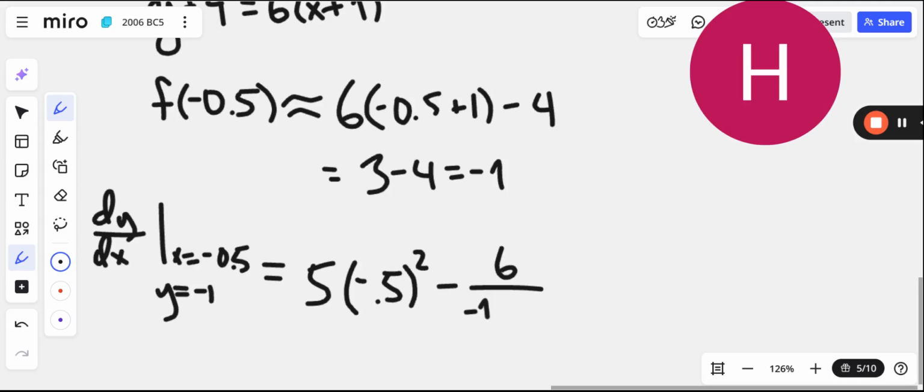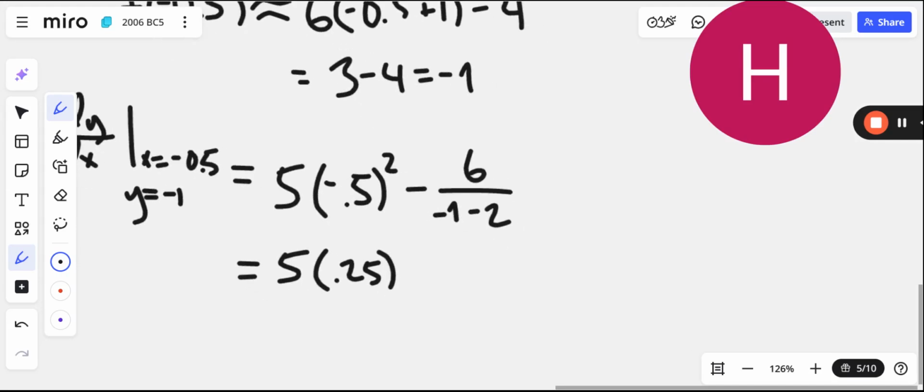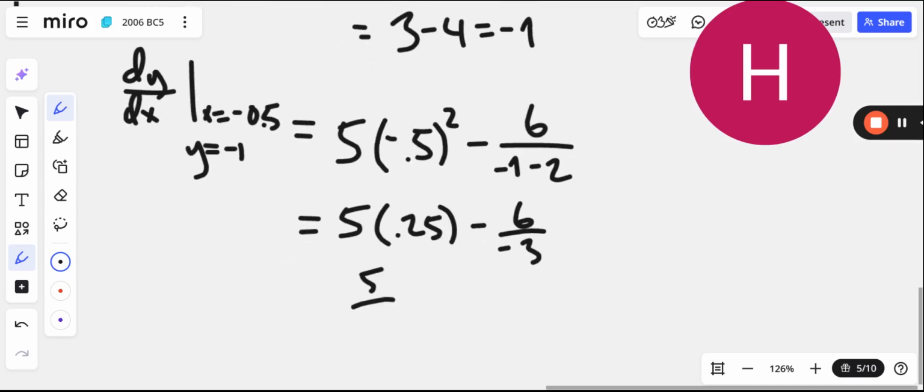So this is -1 minus 2. 5 over 4 there, basically. And this is going to be -6 over -3, which is a plus 2. So 5/4 plus 2, or we can call this 13 over 4.